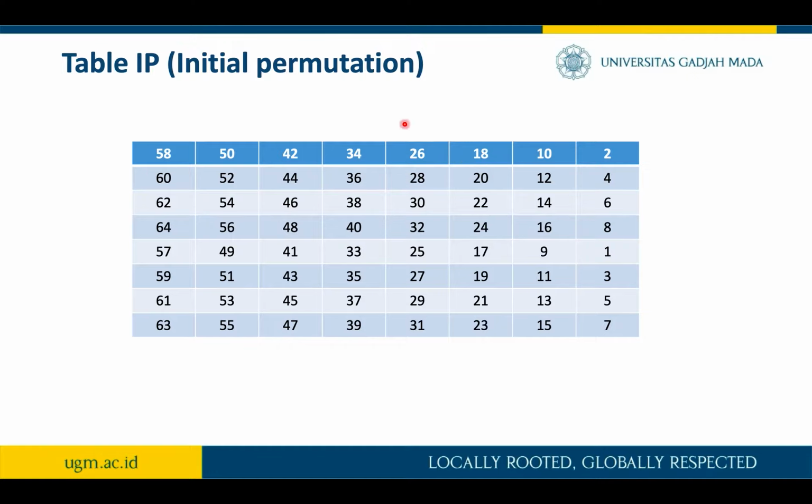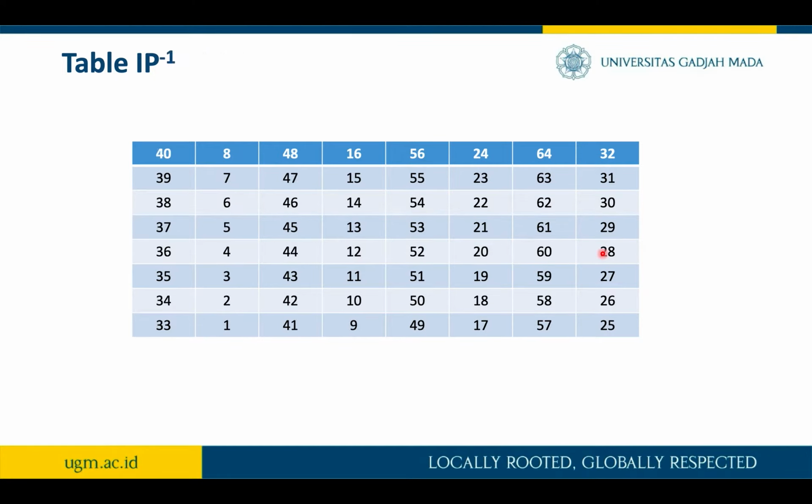For example, the second bit in the original plain text is now positioned in the 8th place, and the first bit in the original plain text is now placed in the 40th place in the current sequence of bits. So that's how it works. Just do permutation based on this table.